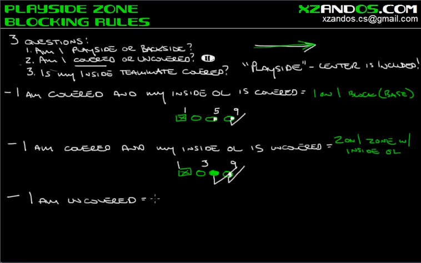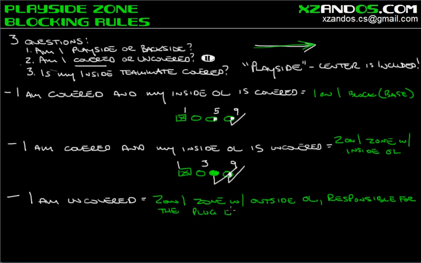The rule for that one is we are going to have a 2-on-1 zone team with the outside teammate or offensive lineman, but we're also responsible for the plug LB.